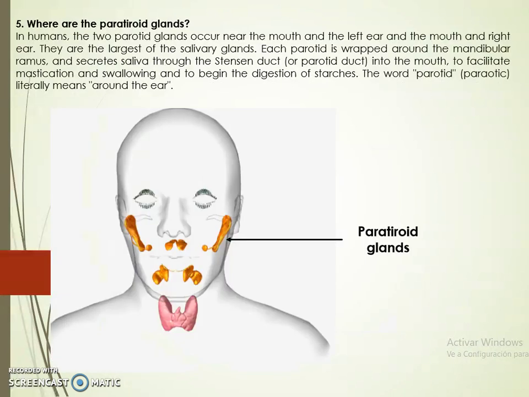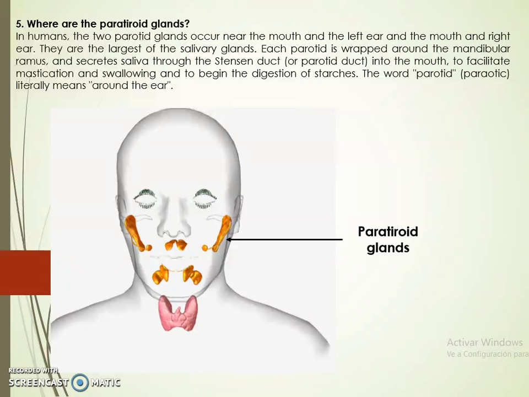Where are the parotid glands? In humans, the 2 parotid glands occur near the mouth and the left ear, and the mouth and right ear. They are the largest of the salivary glands.